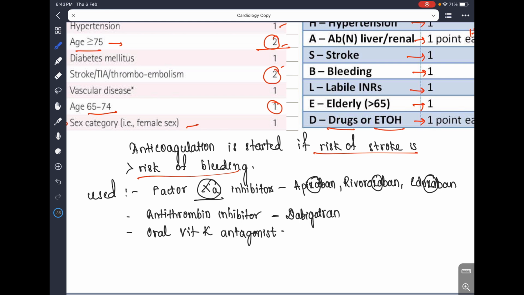And the oral vitamin K antagonist, which is it? Warfarin. This is given especially if the patient has rheumatic MS, or if the patient has mechanical valves.